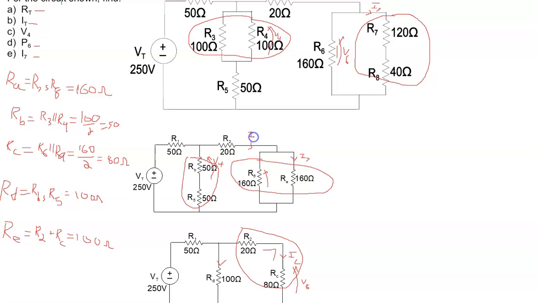And so if we wanted to do current division, IC breaks down into an I6 and an I7, or an I7-8, whatever we want to call this one. Generally we could use current division there, but if we're sticking with Ohm's law, KVL, KCL, and so on, we won't need to go to current division. Okay, so that's basically the quantities that we're looking for.